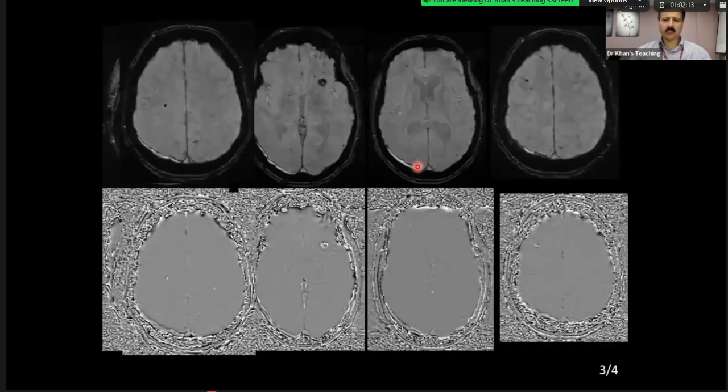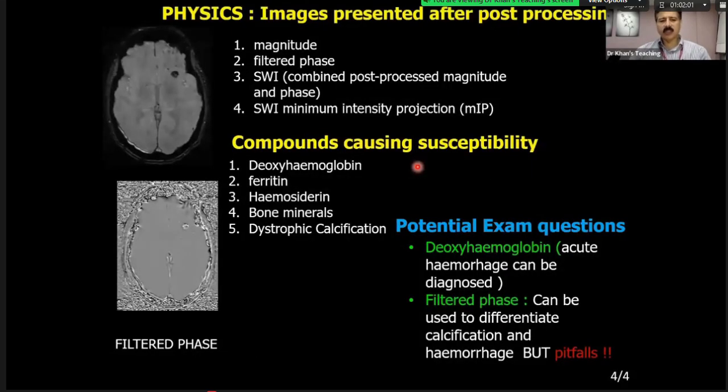Now, this case, I am just showing you for interest, and I'm not going to teach you. I believe it's a bit beyond FRCR 2B. A theoretical question can arise about the SWI sequence, where please remember, compounds causing susceptibility include all of these things: hemorrhage, as well as iron, as well as hemosiderin, deoxyhemoglobin, which is acute hemorrhage, minerals, and calcification.